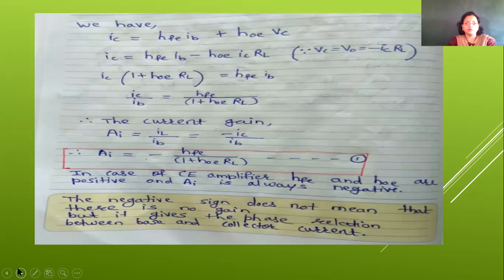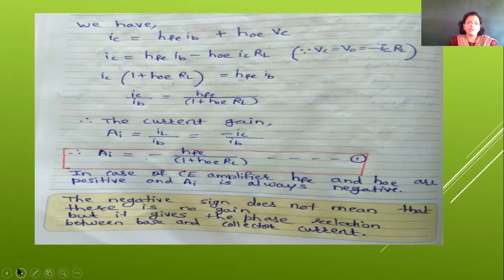So we get IC is equal to HFE IB minus HOE IC into RL. Now we take IC common and take it to one side: IC into bracket 1 plus HOE into RL is equal to HFE into IB. So IC upon IB is equal to HFE upon 1 plus HOE into RL.